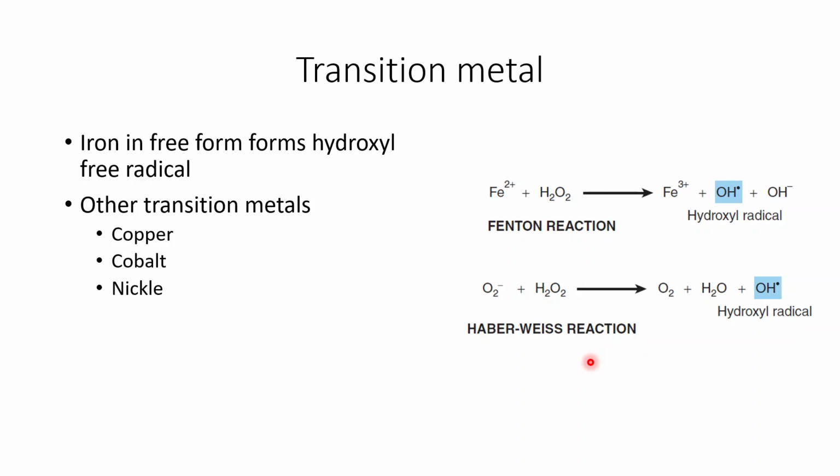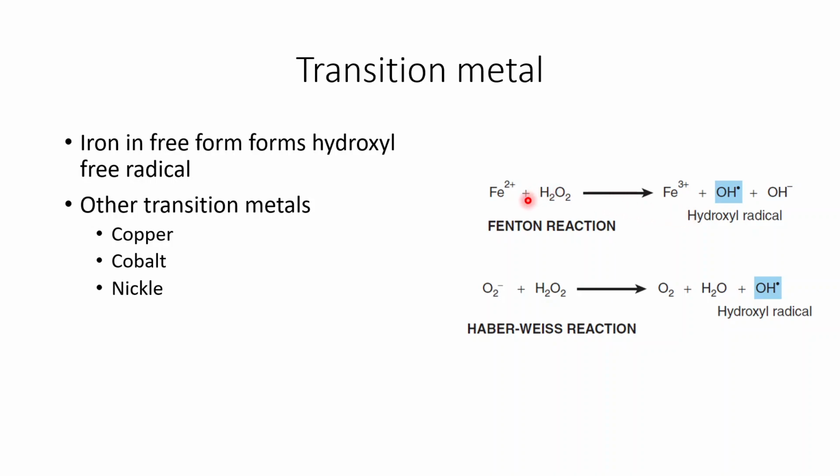Okay, so transition metals like iron, in the free form, can form hydroxyl free radical. So iron reacts with hydrogen peroxide to form hydroxyl free radical. This is known as the Fenton reaction. Similarly, we have the Haber-Weiss reaction in which superoxide anion reacts with hydrogen peroxide to again form hydroxyl radical.